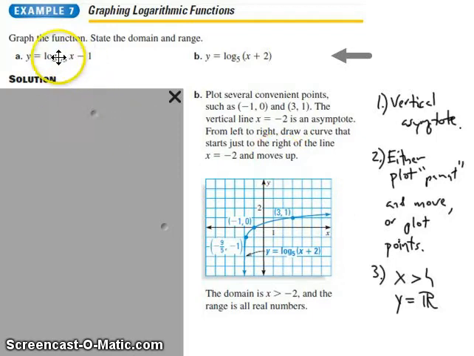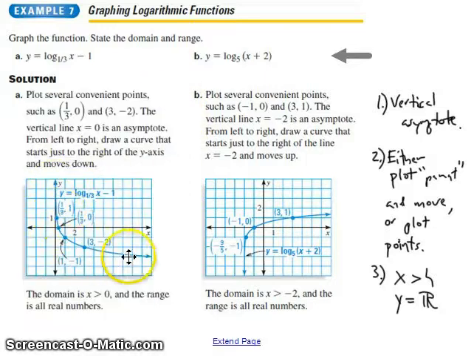Same thing over here, but this time, because the base is smaller than 1, you should be expecting a shape like this. Because there is no h value shown, h is 0, that means your asymptote is along the vertical line x is 0. Try plugging in 1/3, try plugging in 3 as they have done.